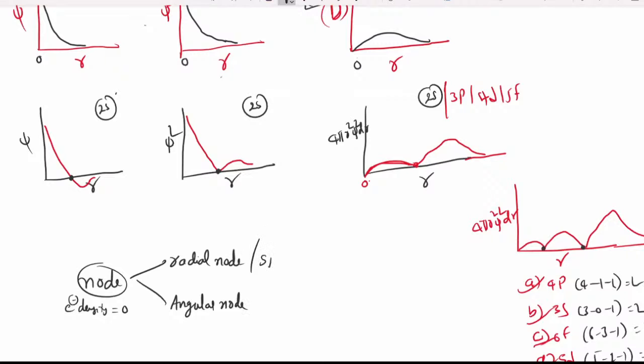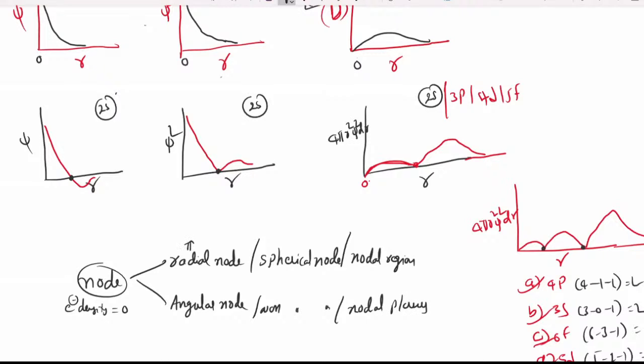Radial nodes are also called spherical nodes. Angular nodes are also called non-spherical nodes, nodal regions, or nodal planes. Please observe the names.